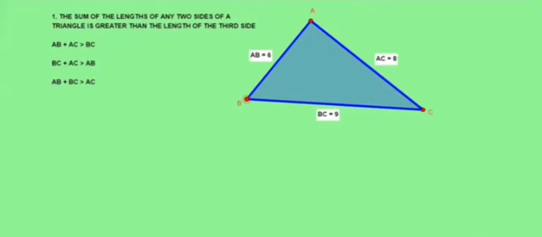Okay. Then second property. Let us mark the angle. Let us measure the angle. Okay. Now our second property says the sum of angles of a triangle is equal to 180 degrees.